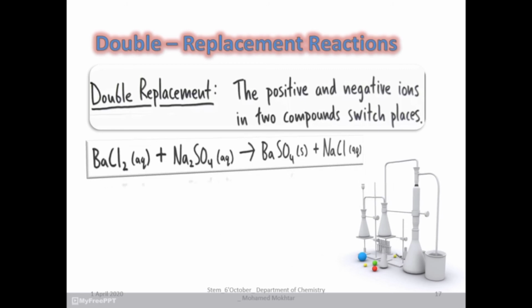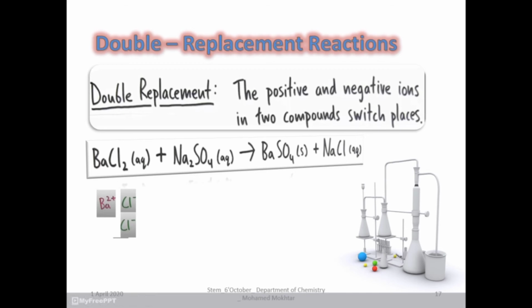For example, in BaCl2 plus Na2SO4, Na replaces the Ba, so we will have NaCl, and Ba replaces Na, so we will have BaSO4.